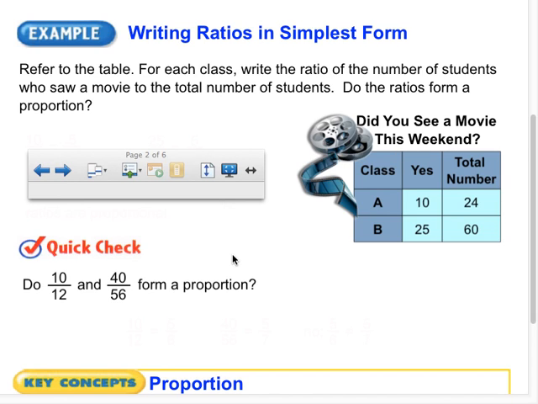Okay, and my next question goes out to a young lady. Can I get a young lady to volunteer to answer this question? Do the ratios form a proportion? Who can walk us through that? Alexandra, what do we have to do?